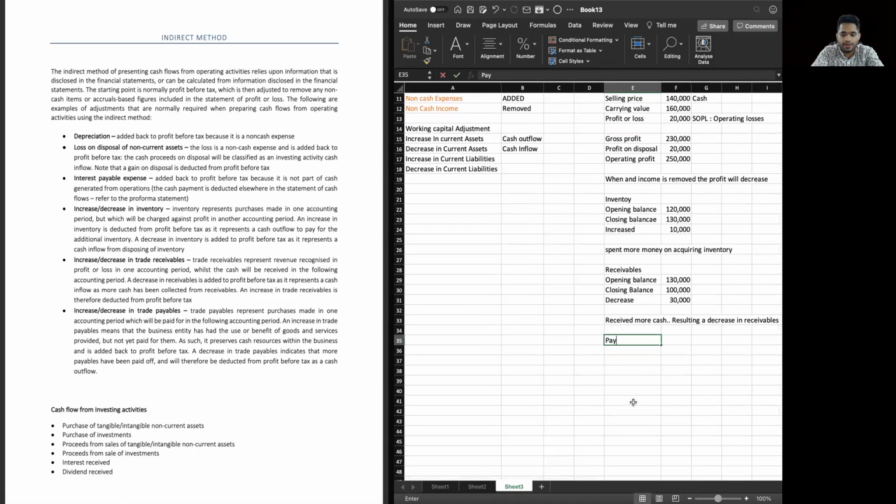Now, let's say you have payables. If you have an opening balance of payables of 230,000, and a closing balance of 260,000, that means you have an increase in your payables of 30,000.